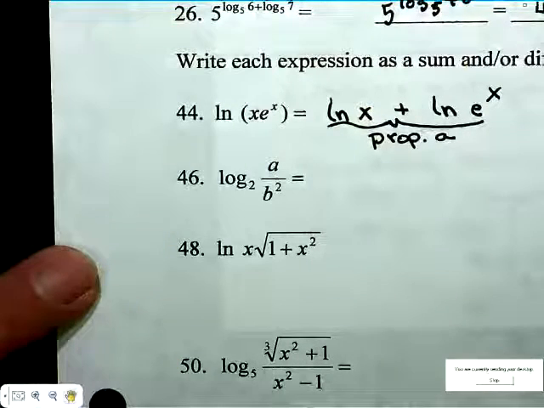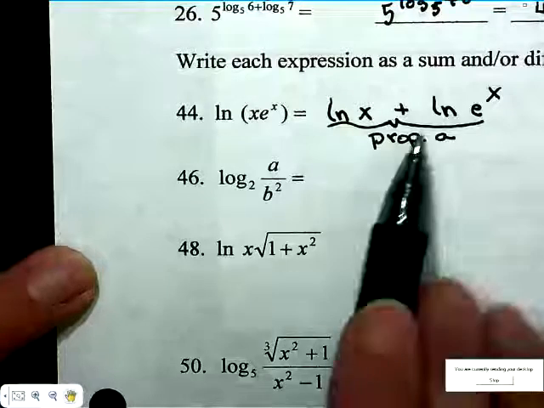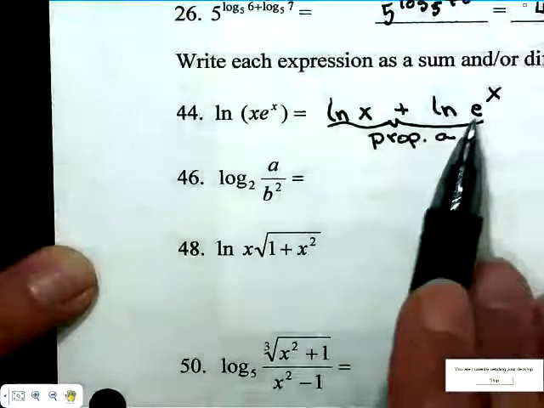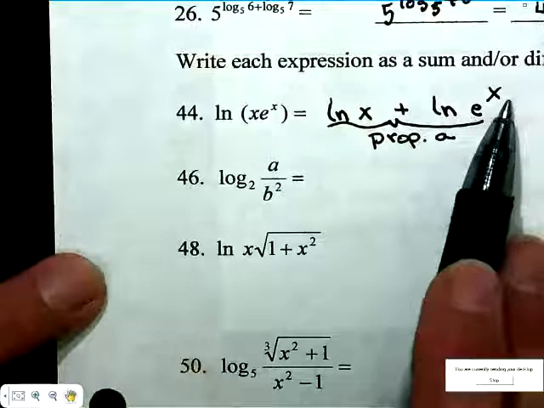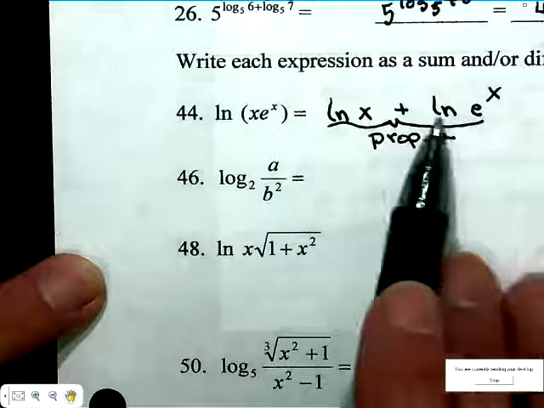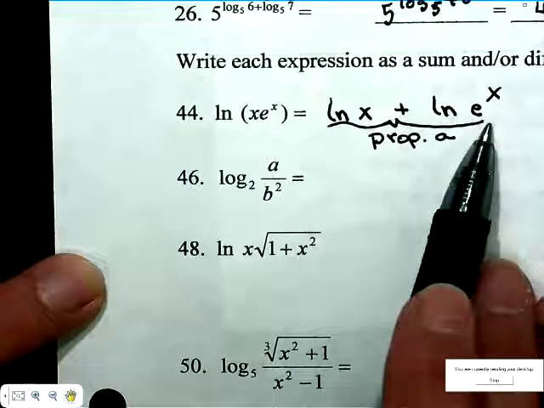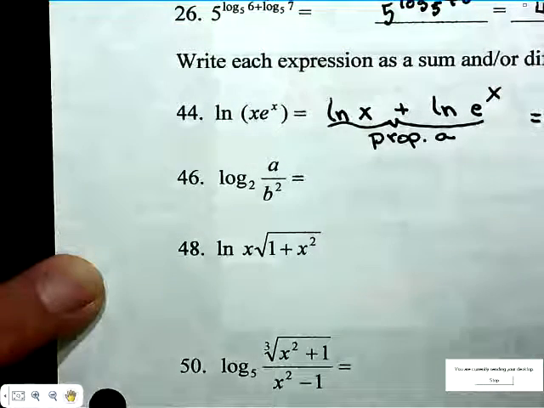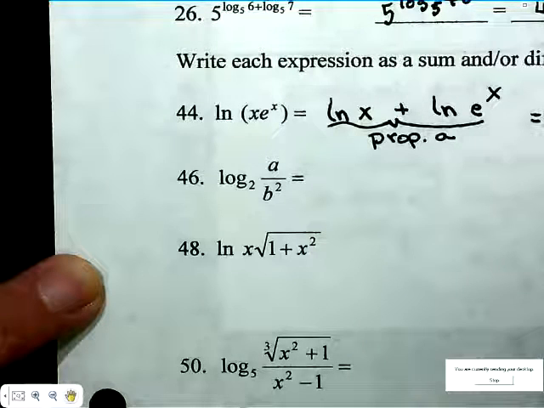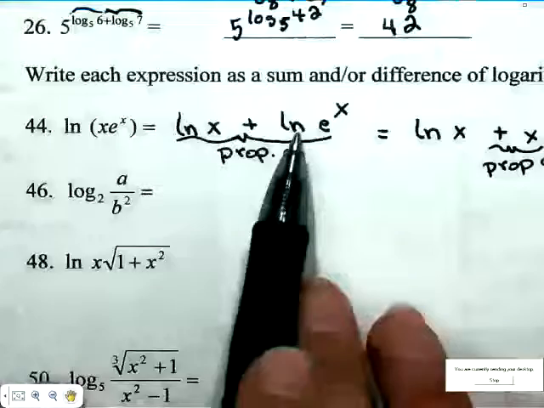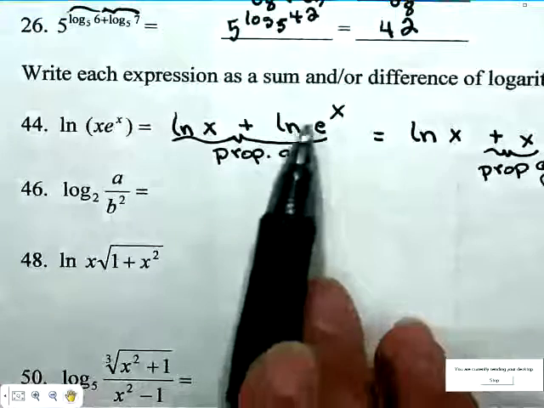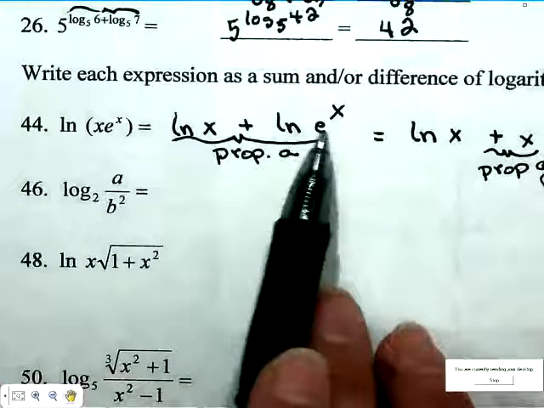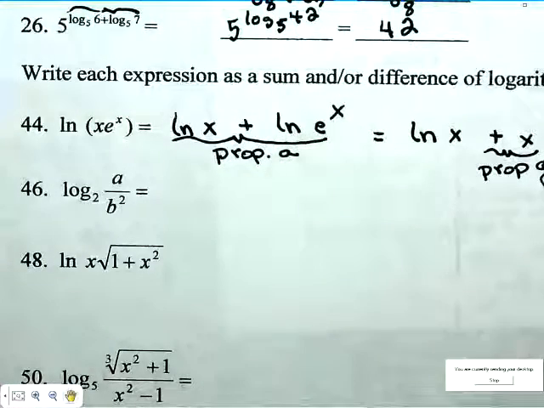One of those terms can simplify further. What is natural log of e to the x? Because natural log and e undo each other. That's property G that says the log base anything of an exponential expression with the same base, just undo each other and leave the exponent.